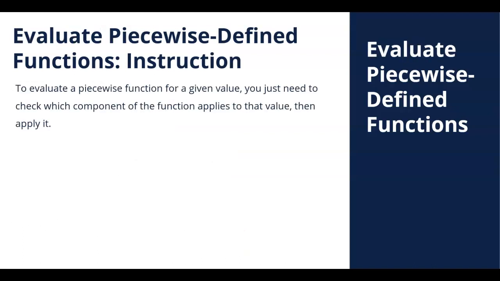Now let's proceed to evaluating piecewise defined function. To evaluate a piecewise function for a given value, all you need to do is check each component of the function applies to that given value, then apply it.